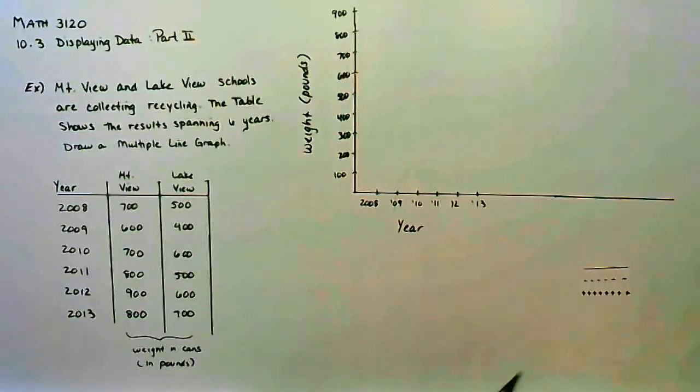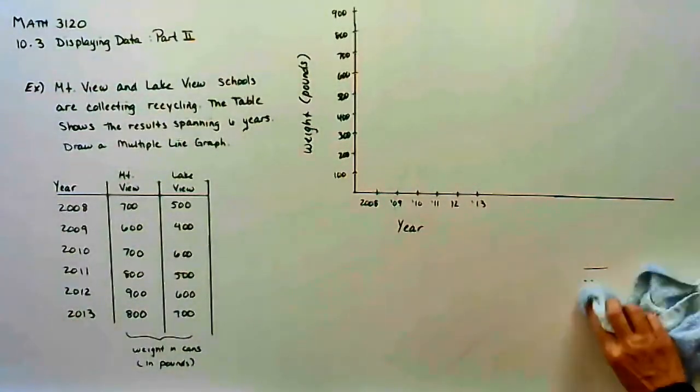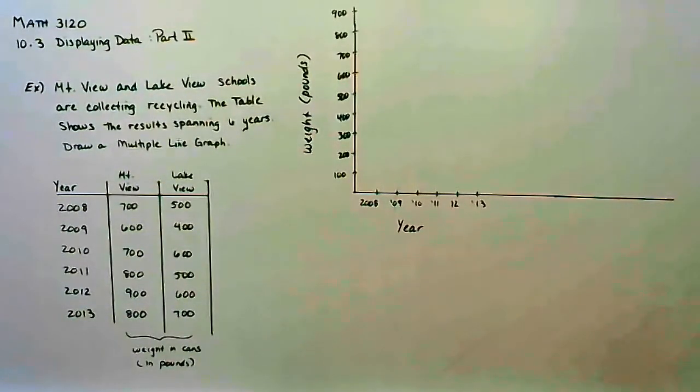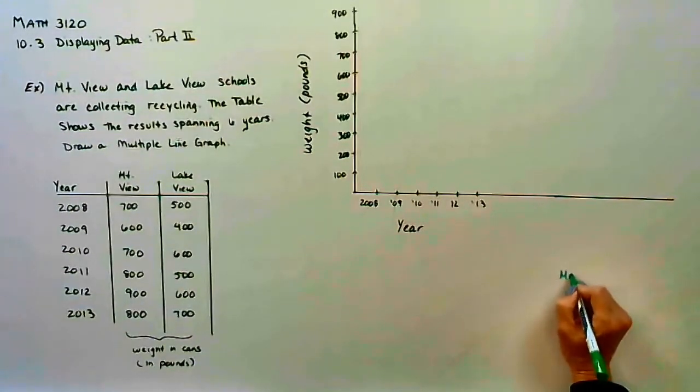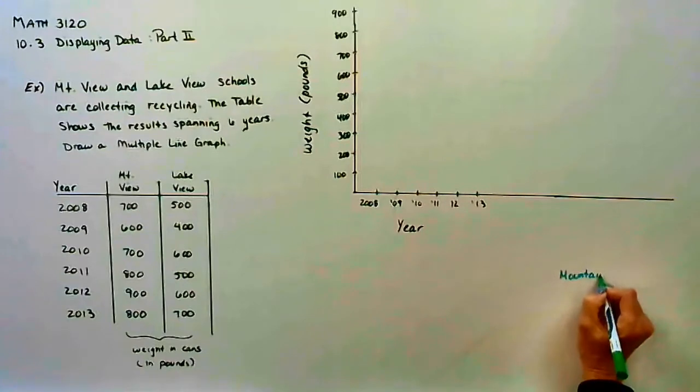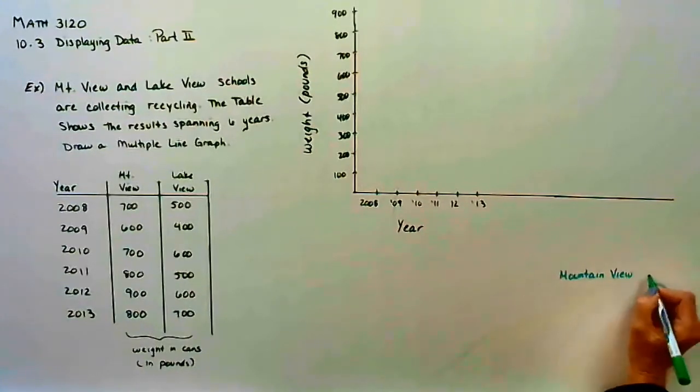Something to distinguish each line, okay? If you've got students who are colorblind, you'll want to use a distinct dark marker, so you need to make the texture of the line different. If they're not colorblind or you can see the colors okay, I'm going to choose two different colors, all right?